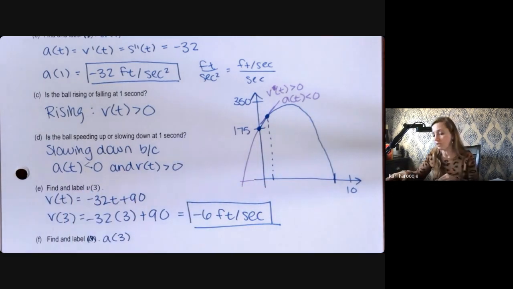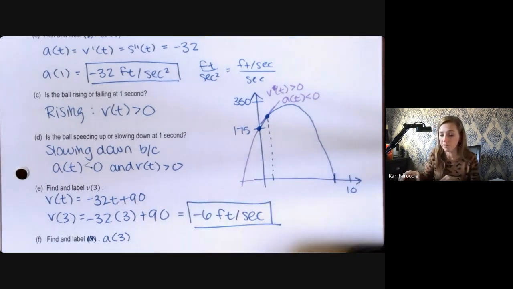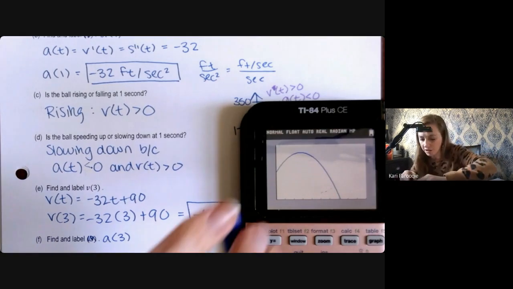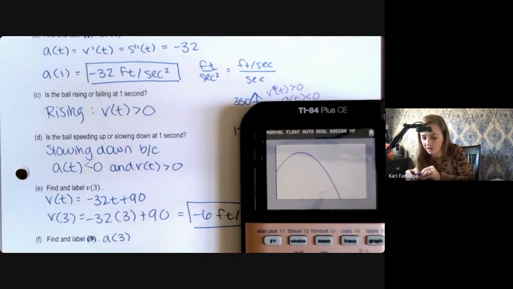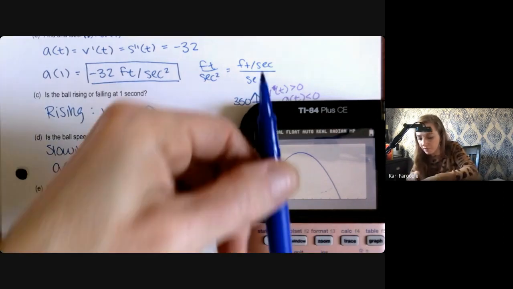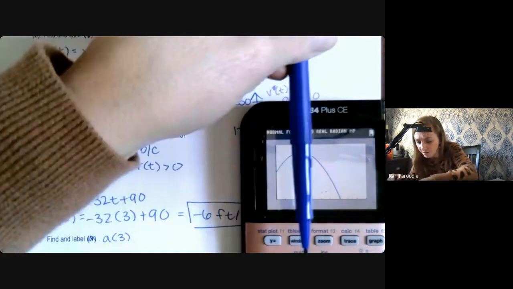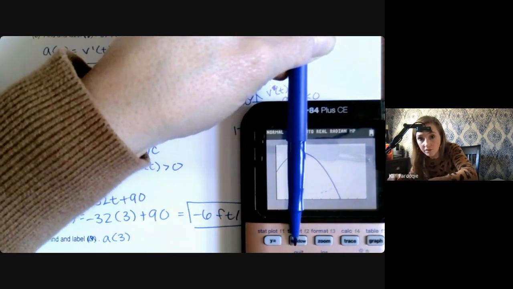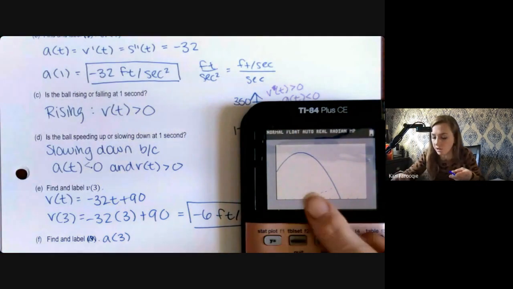Now, if you wanted to get a good sense for where that actually was, the calculator will be scaled out a little bit better, but 3 occurs just on the other side of that hill. So you can see 1, 2, 3 tick marks, and then it's just on the other side of the hill that you see it starts to head back downward again at 3 seconds.